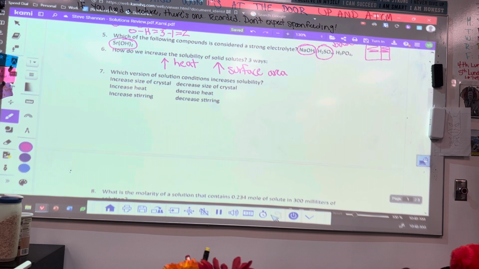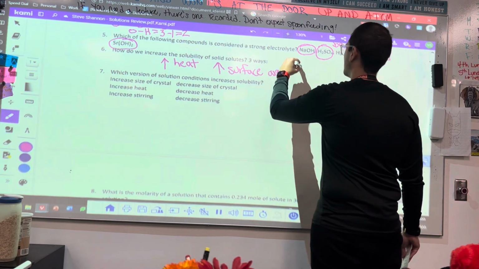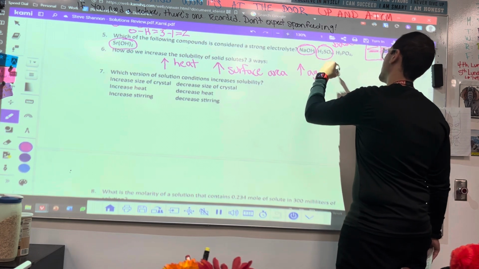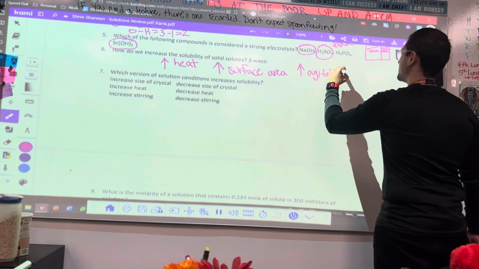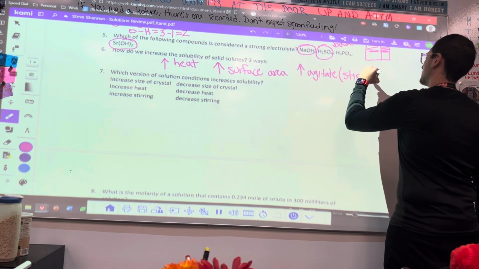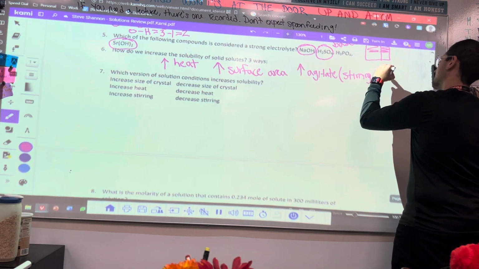Increase heat. And we need to increase agitation. We need to agitate the solution. And agitation is stirring or swirling.